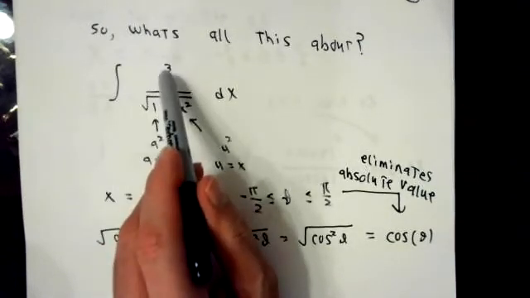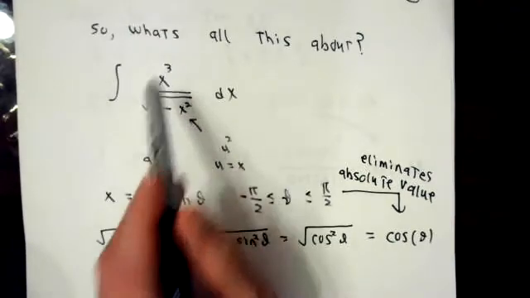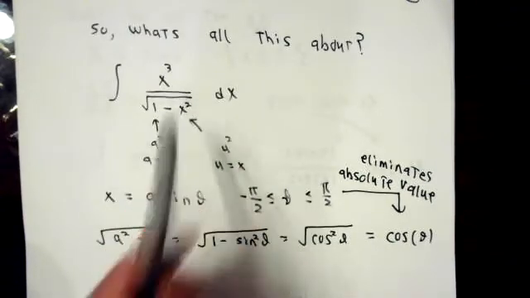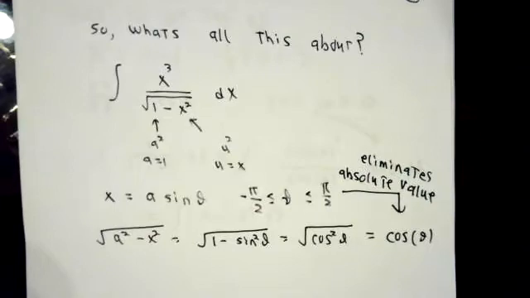Instead, though, instead of thinking about having an x squared there, I'm looking at 1 minus x squared. That's 1 squared minus the square of x. So the a is going to be 1 and the u is going to be x. We're supposed to let the u equal a sine theta.